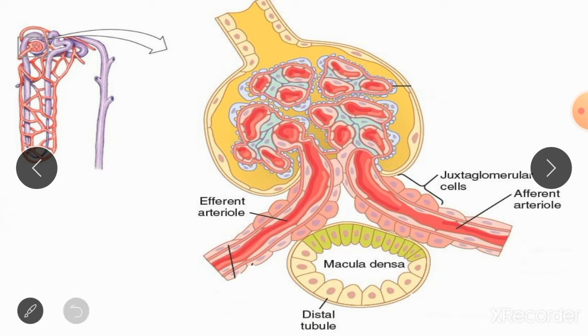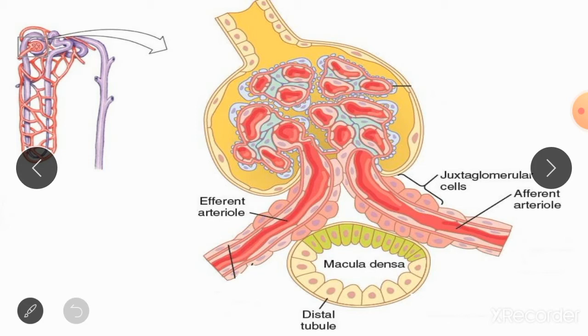Here you have the afferent arteriole which divides into the glomerular capillaries, then the efferent arteriole, and your Bowman's capsule divides into the proximal convoluted tubule, your loop of Henle, and your distal convoluted tubule passes between your afferent and efferent arteriole.